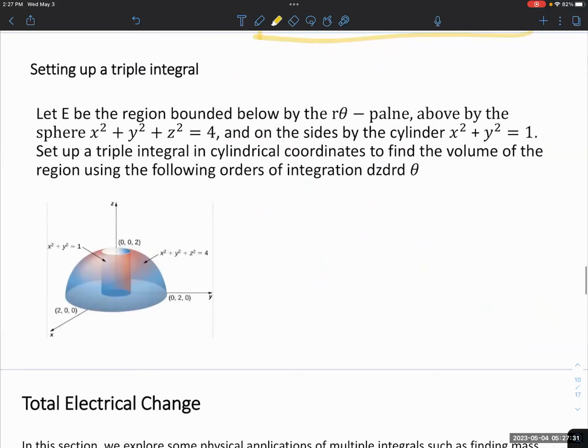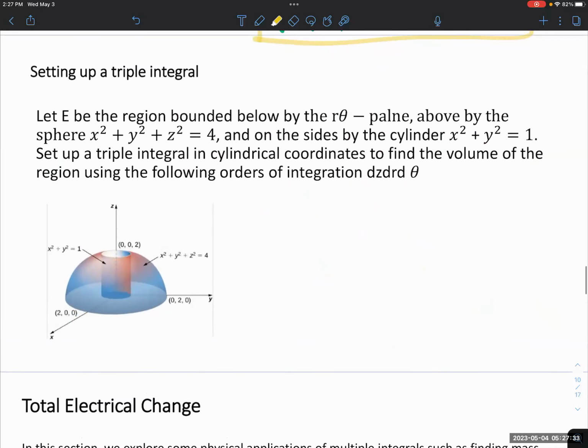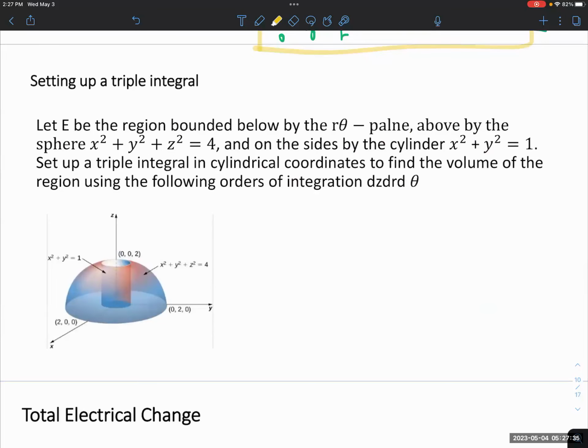So here we go, one more time, try it. Same context, two shapes, okay? And then we have two different equations, one for each geometric shape. This time, we have a paraboloid, kind of like a half sphere, and then we have a cylindrical shape inside. So that's equation one.